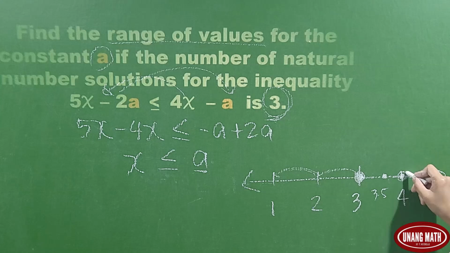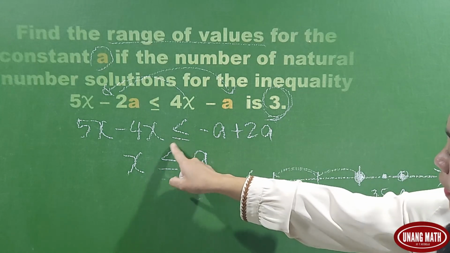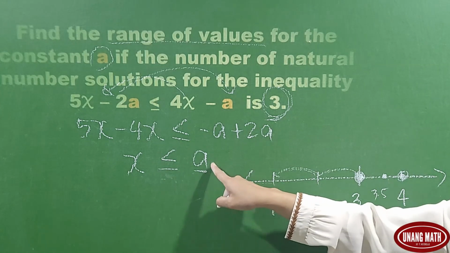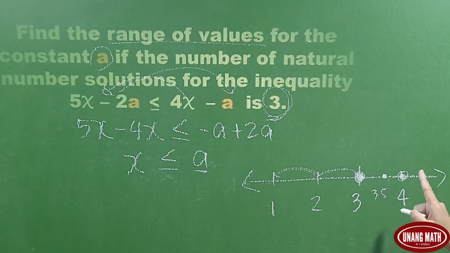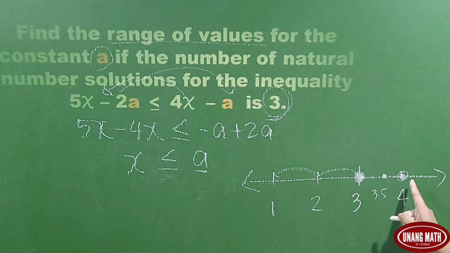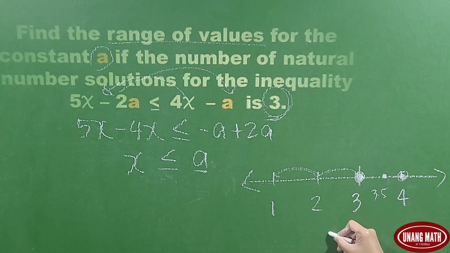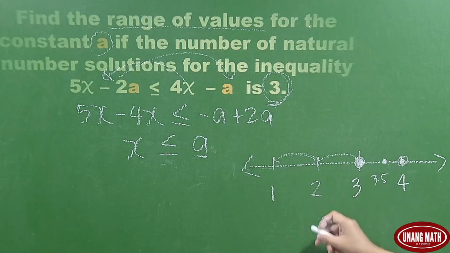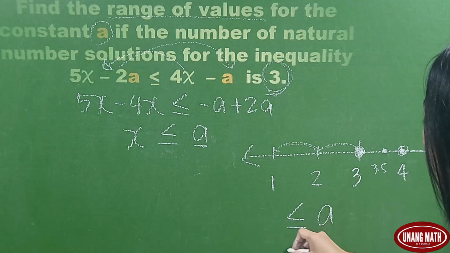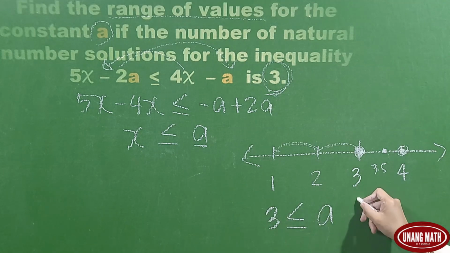Okay, take note, our symbol here is less than or equal to a. So it means 4 is not included in those range of values. So a must be, okay, greater than or equal to 3, but less than 4.